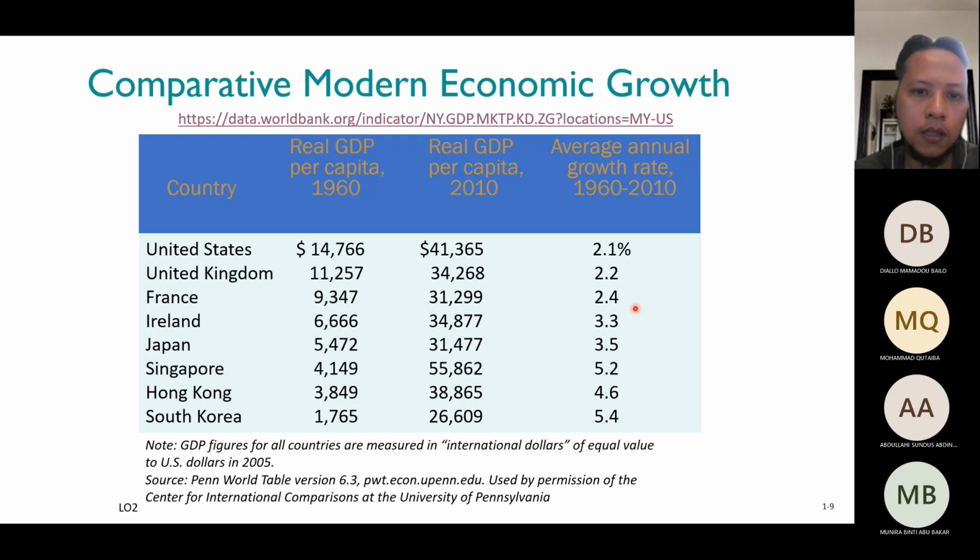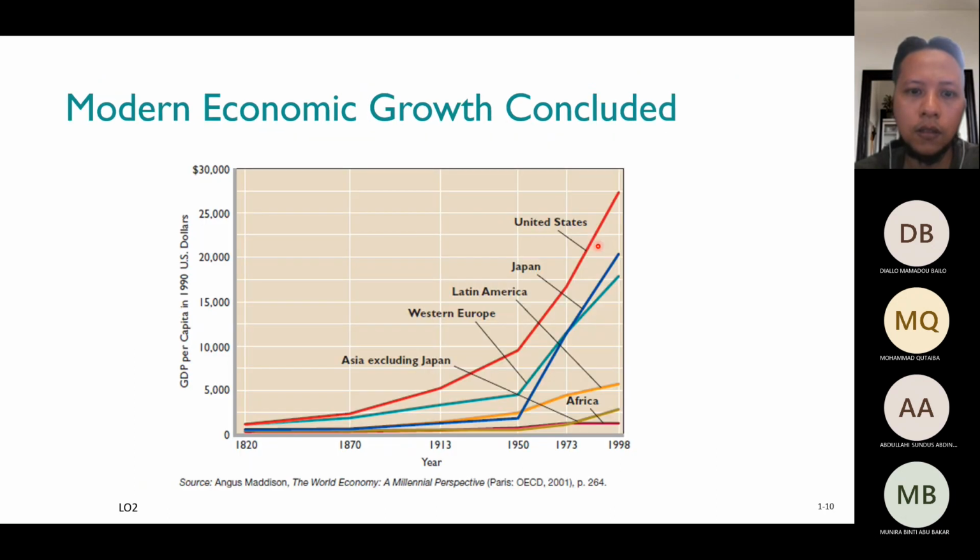Okay, and then you can see there are differences in terms of growth rates for different countries. In modern economic growth, if you look at the starting point in 1820, it is almost the same. In terms of Europe and Asia and Africa, it is the same, right?